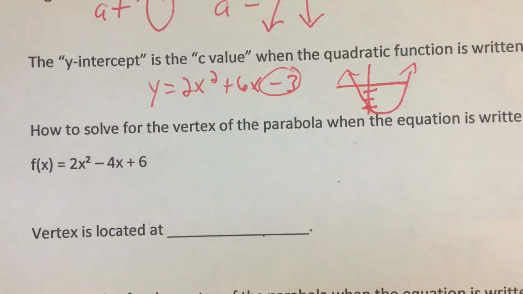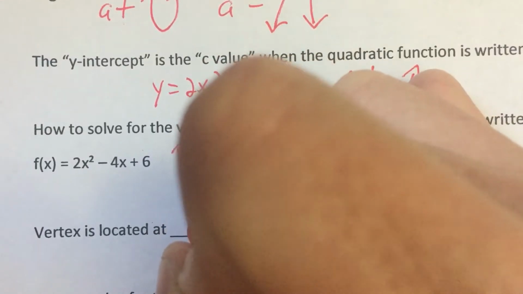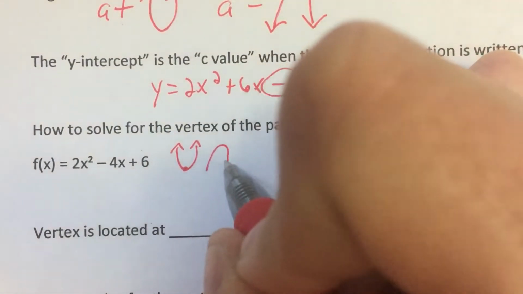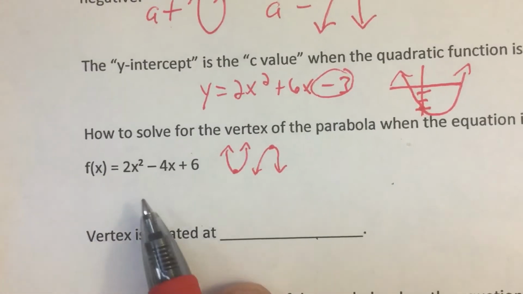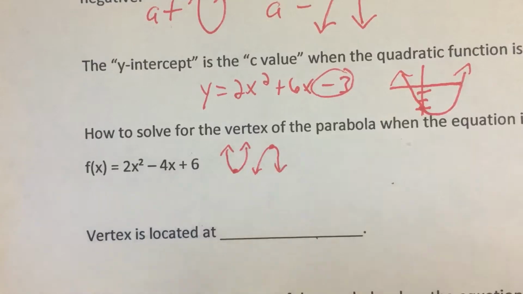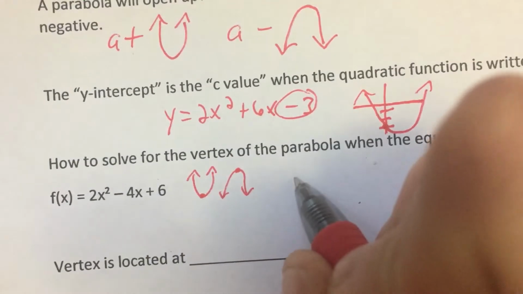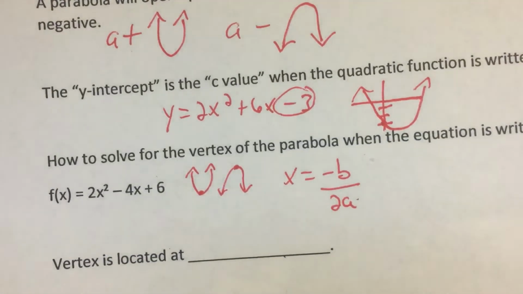If you need to solve for the vertex of the parabola, and remember a vertex is either the very bottom, that point, or if it's going downward, the very top. If you need to know the exact location and they've given you an equation in standard form, like this, where we can see a, b, and c, we want to use this formula, x equals negative b over 2a.